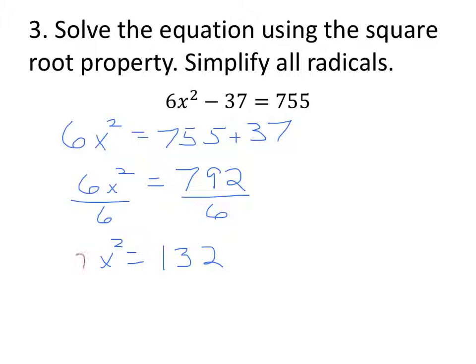So now we apply our square root property. So the square root of x squared is plus or minus the square root of 132. So we get x equals, and 132 is not a perfect square. So we need to see what factors we can take out of 132.